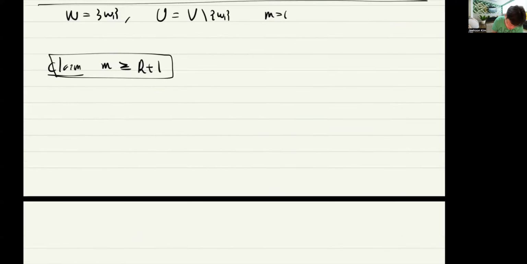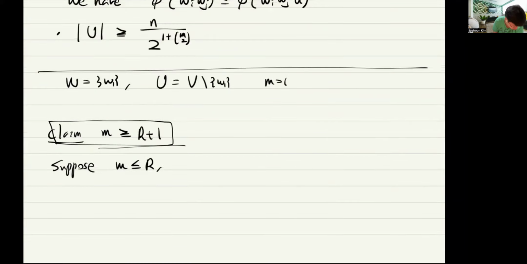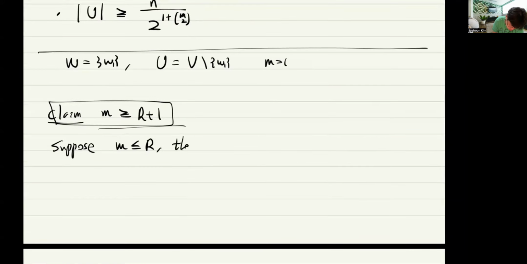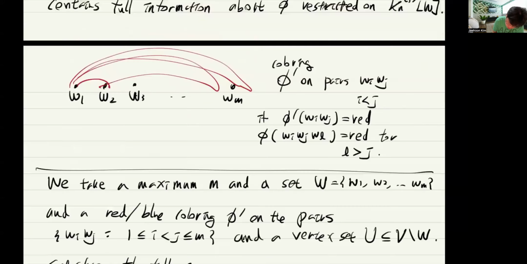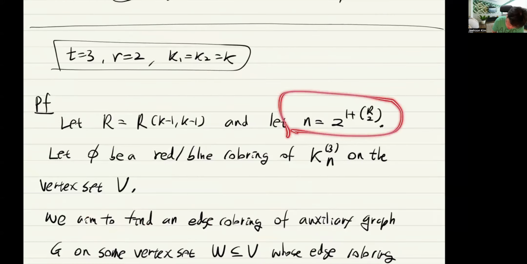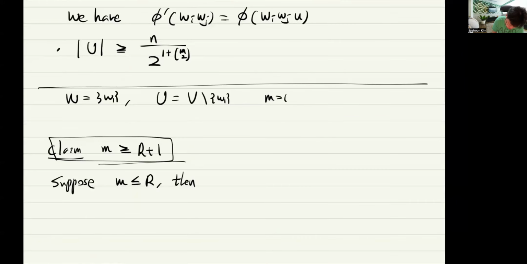Moreover, we claim that the maximum m is at least r plus 1. Why? Suppose m is at most r. Then, given how large n was, U is not empty; U has at least one vertex.